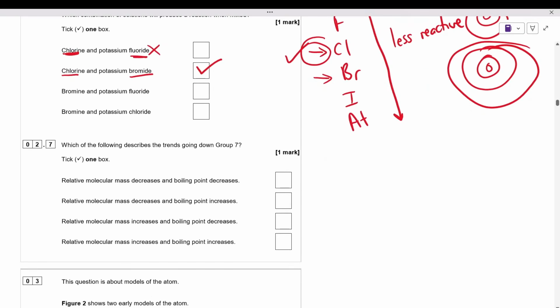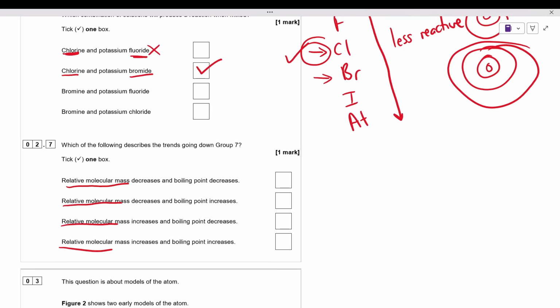For 2.7, which of the following describes the trend going down group 7? This trend is regarding the relative molecular mass and the boiling point. So let's look at the boiling point.